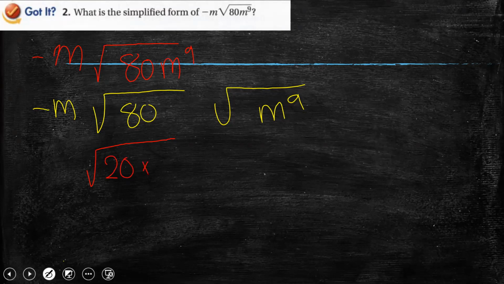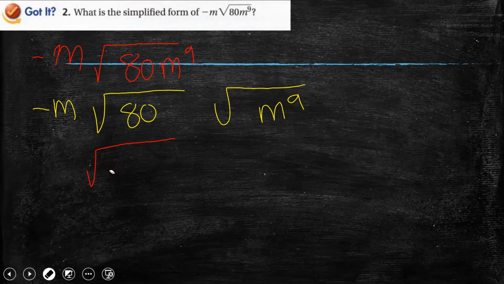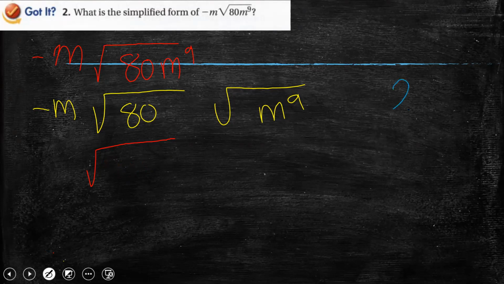But 20 is not the greatest one, because you can factorize it also into 4 and 5. Let's have 20 and 4.